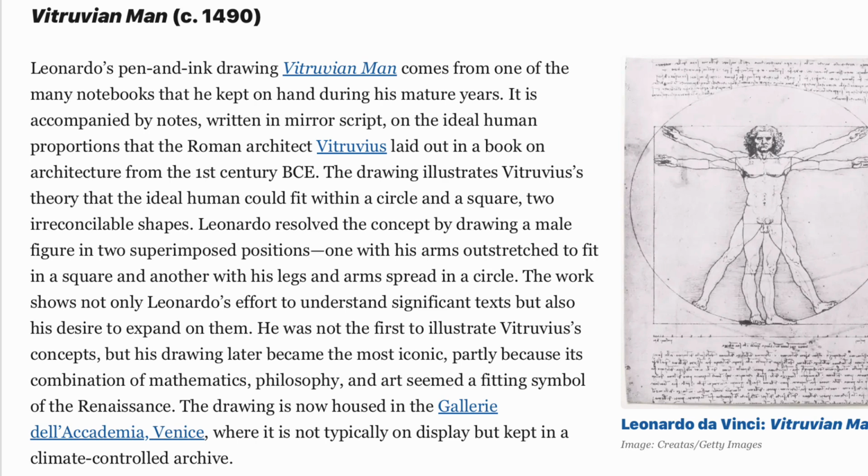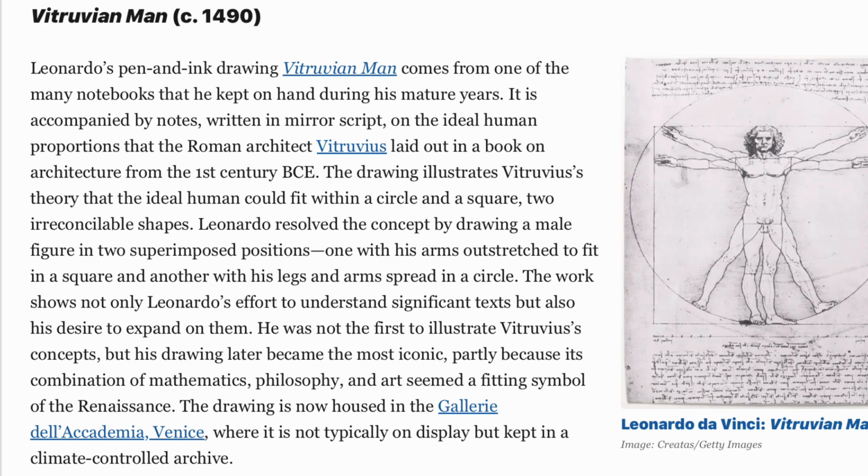The drawing illustrates Vitruvius's theory that the ideal human could fit within a circle and a square, two irreconcilable shapes.